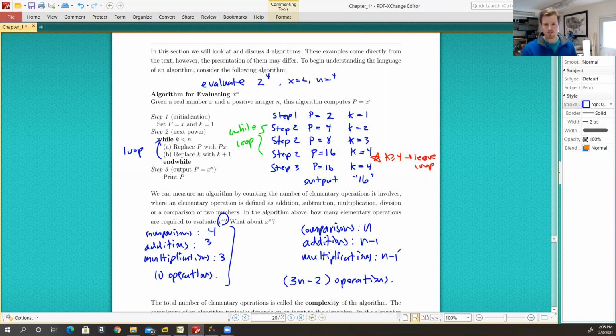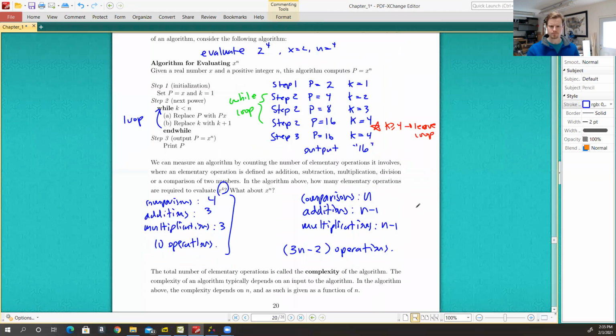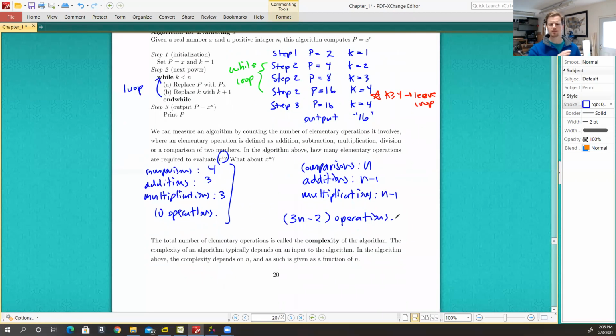Excellent. So that is what's called the complexity of our algorithm. A complexity is a way of describing the efficiency of the algorithm. So again, the total number of elementary operations is called the complexity of the algorithm. And of course, it's going to depend on n. Anytime that we use it to evaluate a specific number, it would be that fixed number of operations.